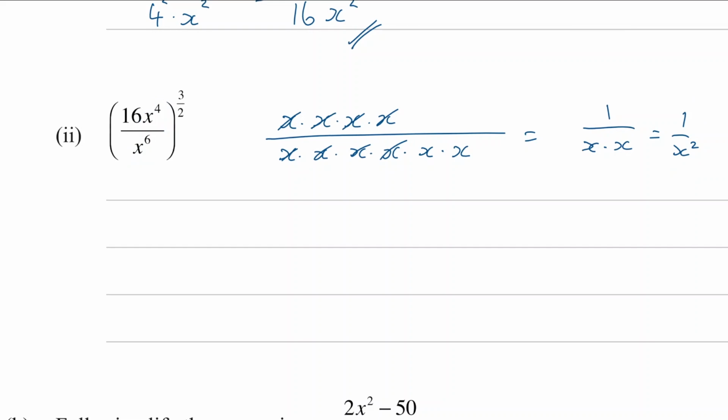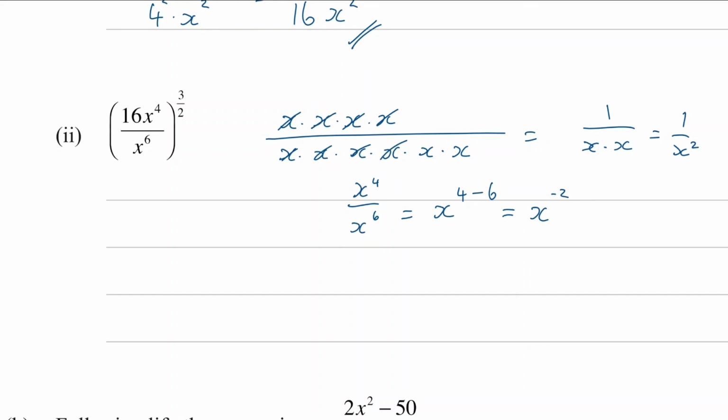Now, if you want to use a power rule instead of thinking about it like this, the power rule is when we divide powers, so x to the power of 4 divided by x to the power of 6, it becomes x, the same base, to the power of the numerator's power minus the power of the denominator's power. In other words, 4 minus 6, which gives us x to the power of negative 2.